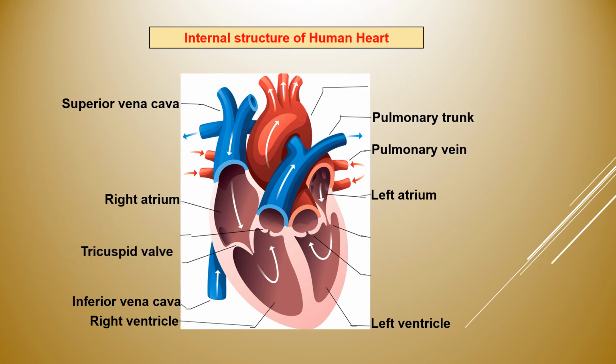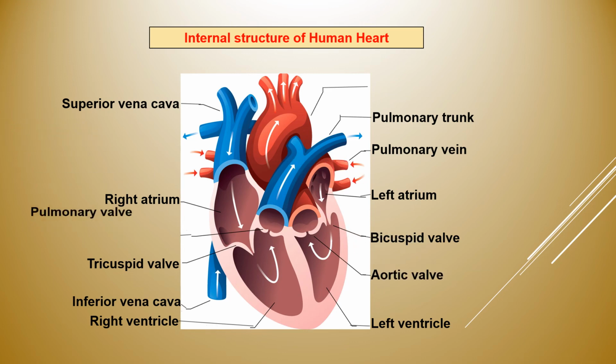This is the tricuspid valve. Why is it called that? Three flaps are there, that's why tricuspid valve. Next, bicuspid valve; bicuspid means two flaps. Aortic valve, then pulmonary valve, then aorta. We will see these valves' function in detail now.